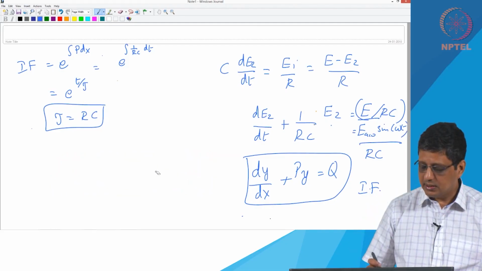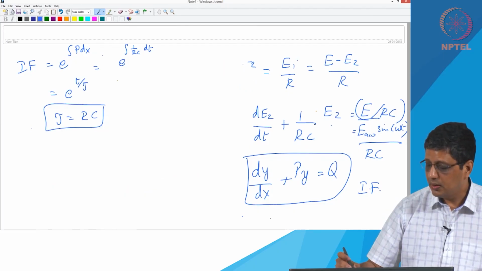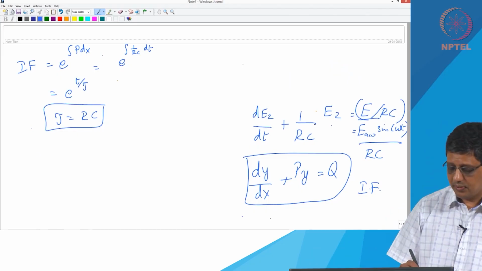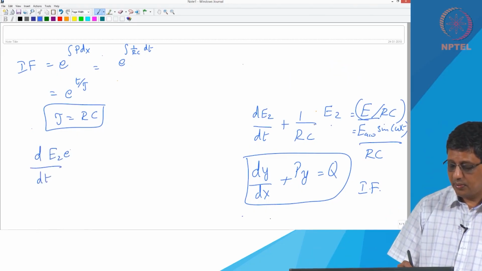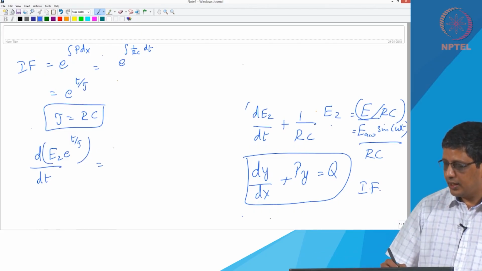If I use this, I will be able to write, so I can write this equation as combine it together after multiplying by the integrating factor. I can write like this.